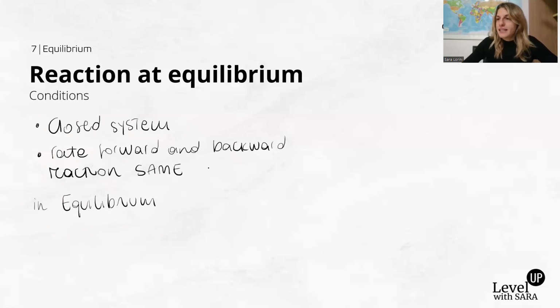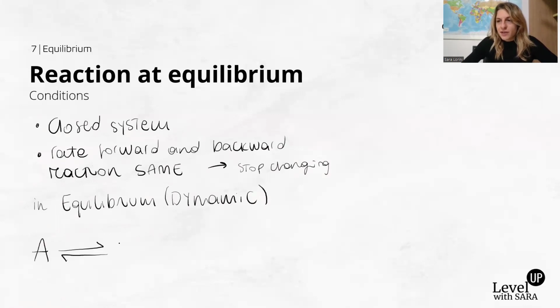So the effect is that it seems that the reaction has stopped changing. But this equilibrium is called dynamic, because the reaction keeps occurring, going backward and forward at the same time.